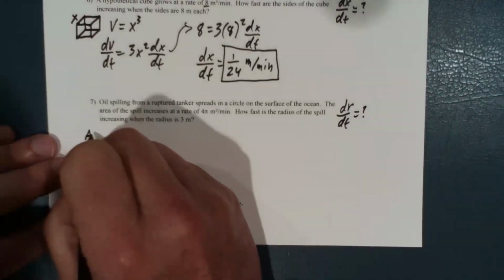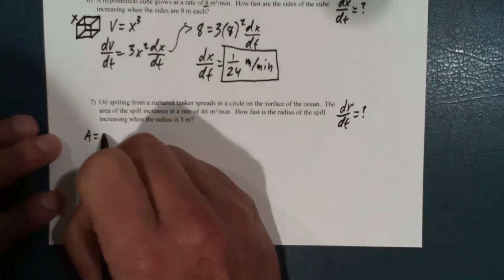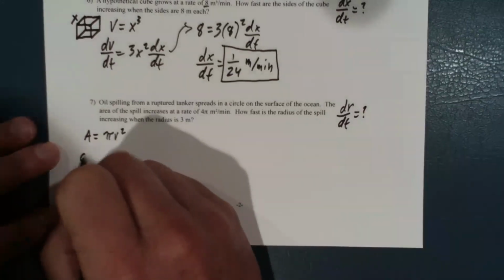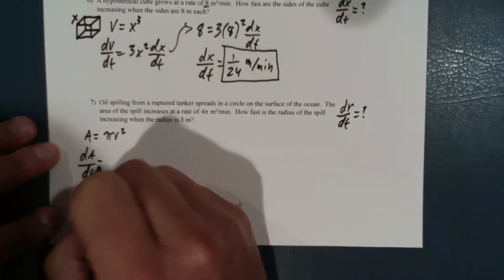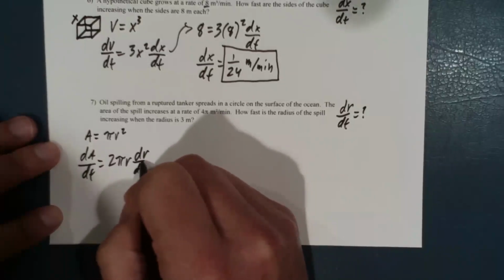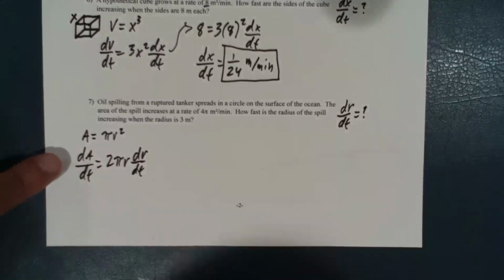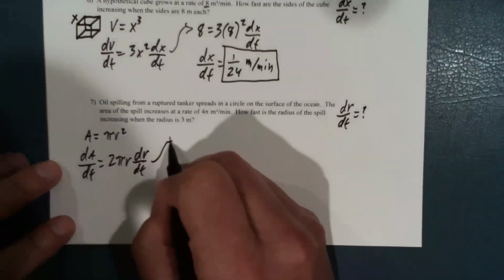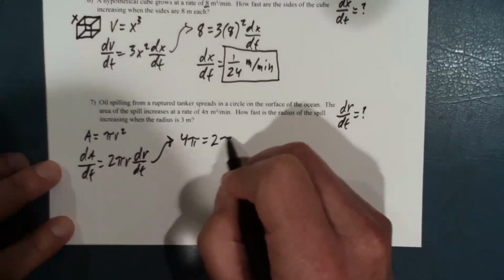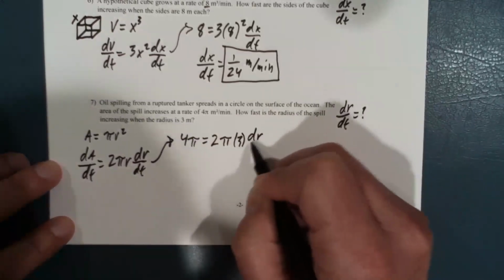So once again, the area of a circle is pi r squared. So dA/dt, which they gave us, 4 pi, is equal to 2 times pi times r, which they give us as 3, dr/dt.